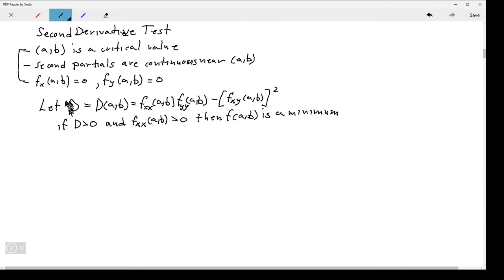If our discriminant function is positive and fxx of (a, b) is negative, then f(a, b) is a maximum.